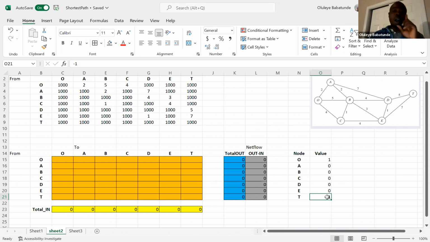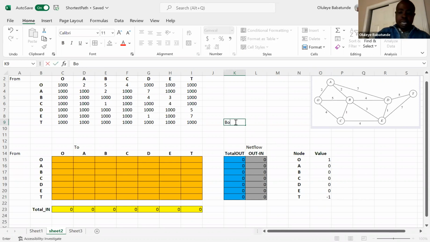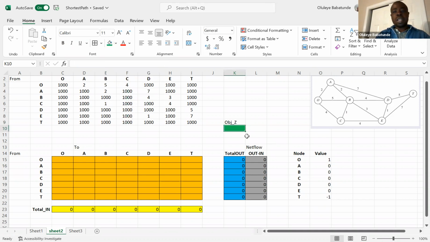I've done it properly. I also need, of course, the most important part, the objective function, Z. We call that color green.